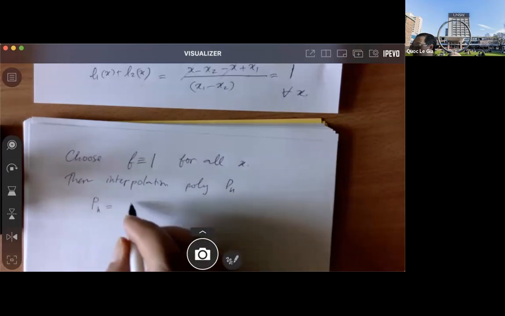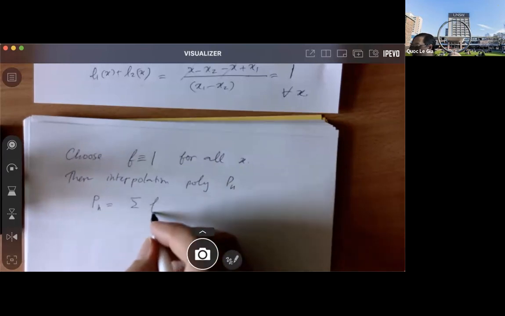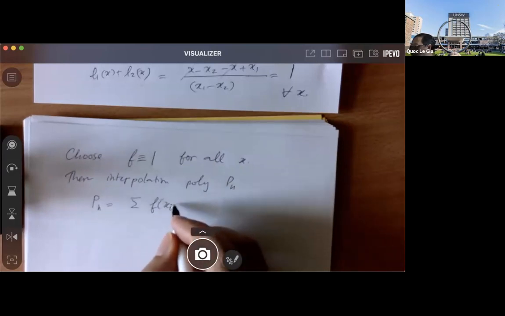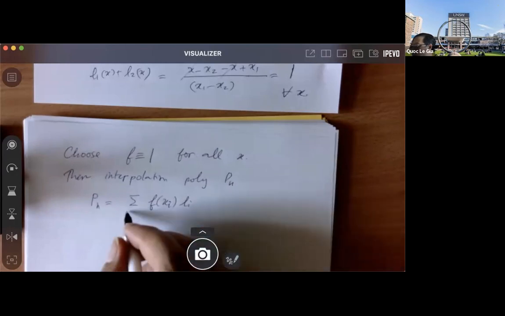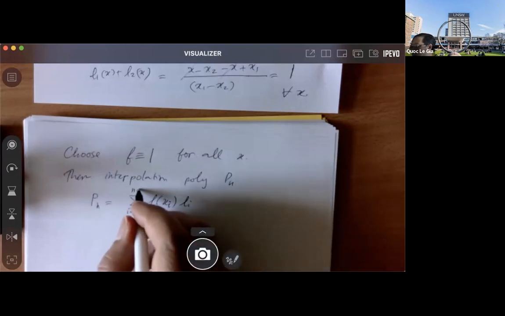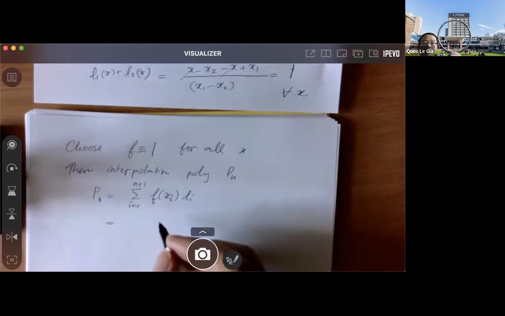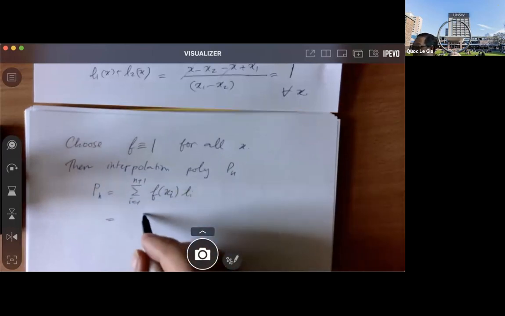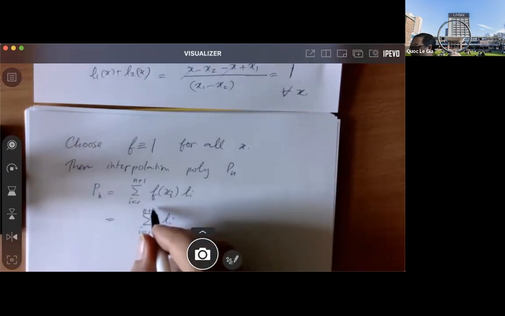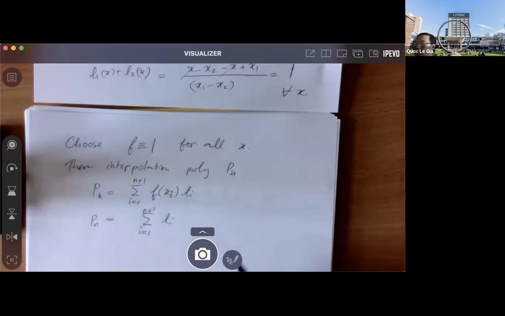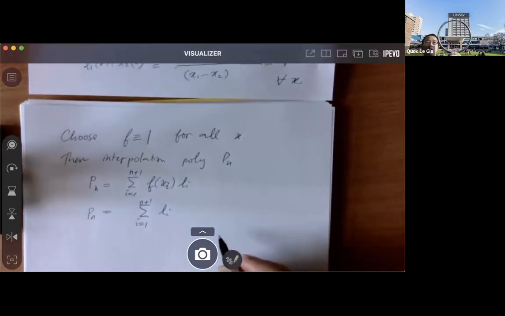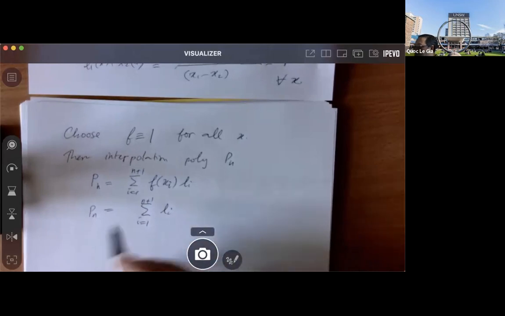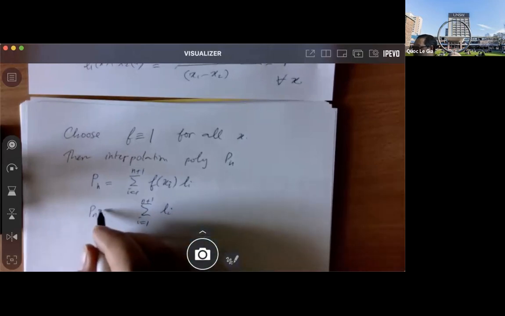Remember, Pn is the sum of f of xi Li, i from 1 to n plus 1. And now you have all of them equal 1, so it's just the sum of Li, i from 1 to n plus 1. Okay, so now what's so special about this Pn of x?